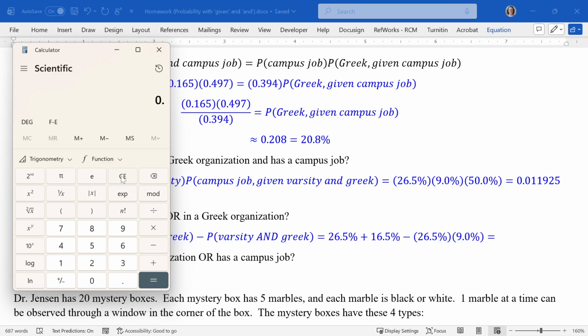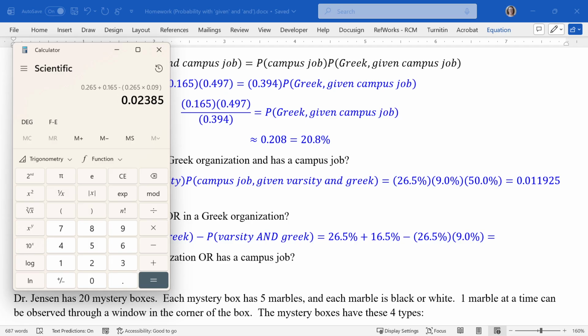Okay, so 0.265 plus 0.165 minus, and then I'm going to put parentheses here. Now, technically in the order of operations, multiplication should go first, so theoretically, you don't need parentheses. But when I'm working on these 4-function calculators, sometimes they don't respect the order of operations very well. So I'm going to use parentheses right here anyway.